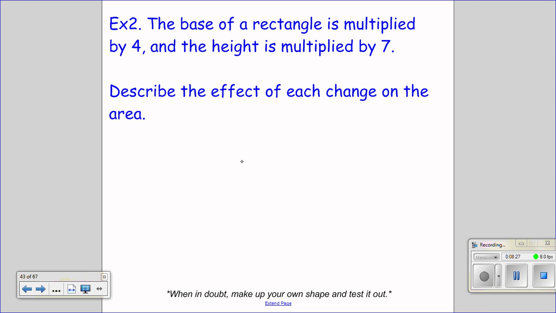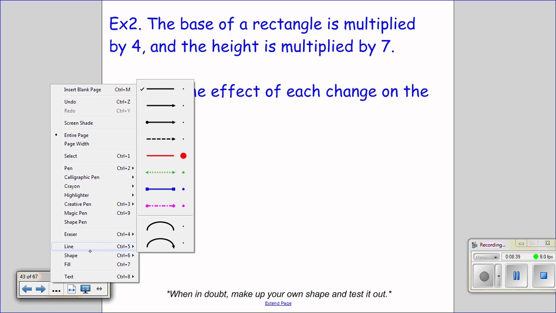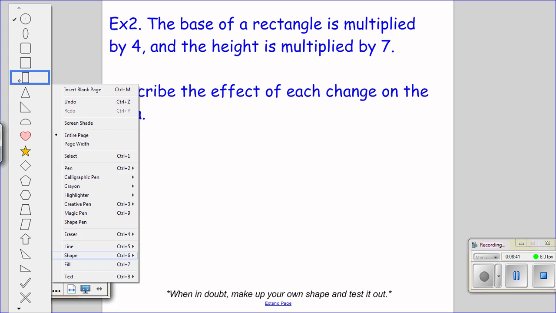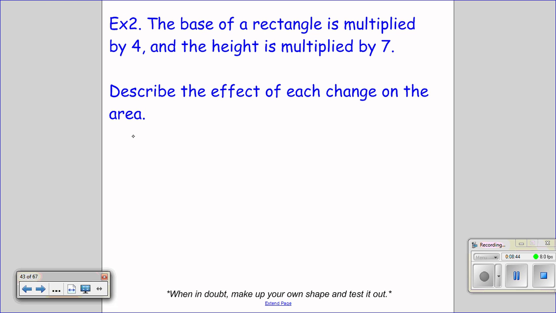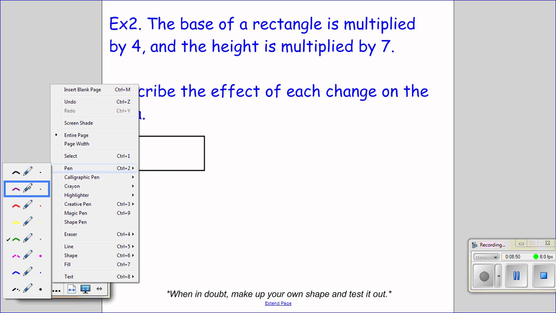So the base of a rectangle is multiplied by 4 and the height is multiplied by 7. Describe the effect of each change on the area. So we get to make up our own example on this one. So let's draw a rectangle. Okay, and let's keep it simple as possible.